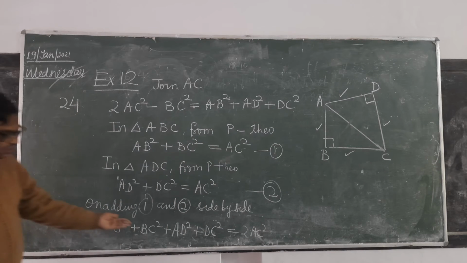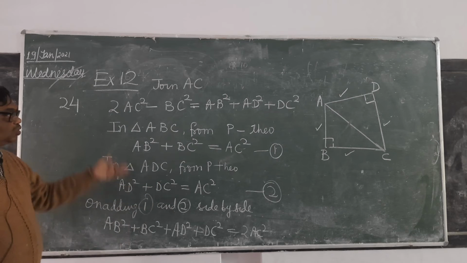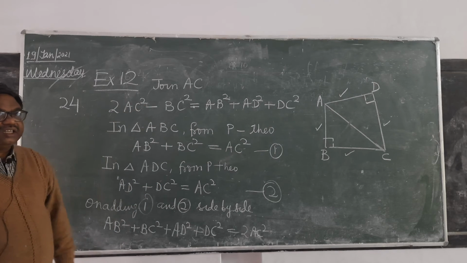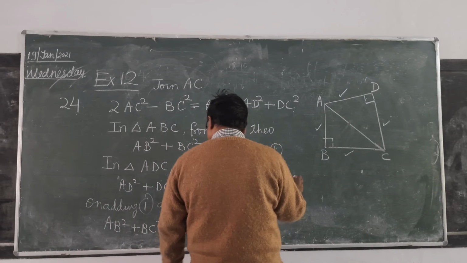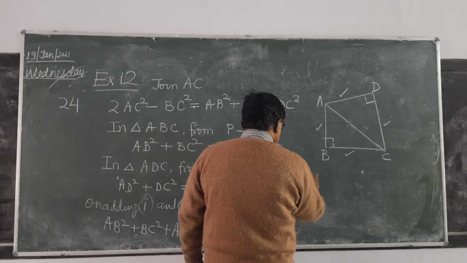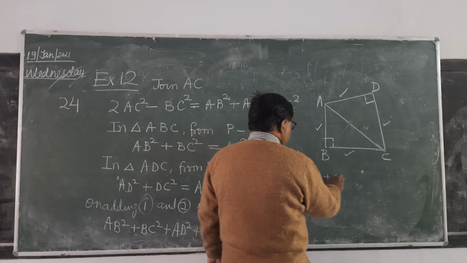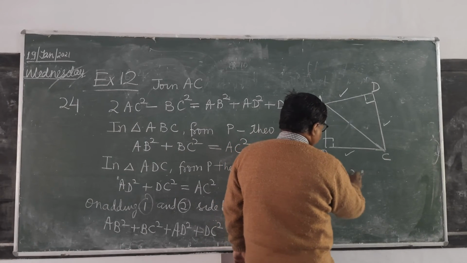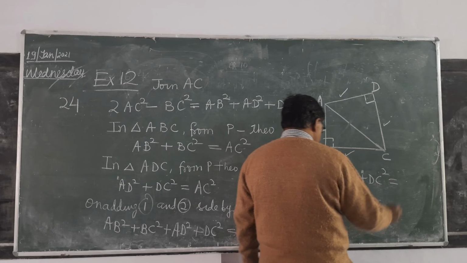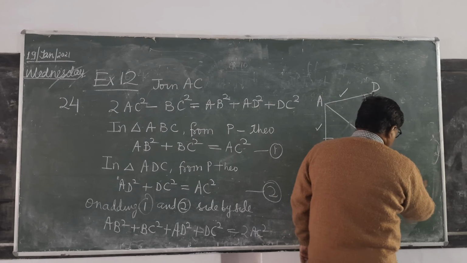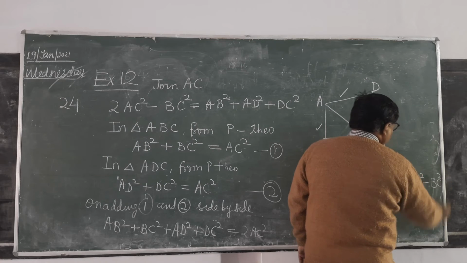Now you bring this BC square in that side. क्यों? क्योंकि जो चीज़ हमको प्रूव करनी है उसमें ऐसे ही है. So when you will take BC square in that side, what is left in LHS here? AB square plus AD square plus DC square equals to 2AC square minus BC square.